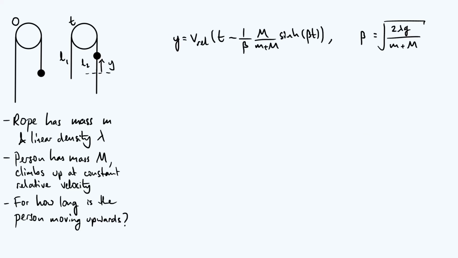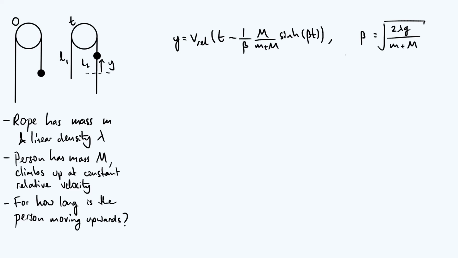Now we're almost but not quite done, because what the question was originally asking was for how long the person is actually moving upwards. I guess you can see at a glance from the functional form of y as a function of time that there will be some time after t equals 0 when y is 0 again, right? So that automatically tells you that y must have gone up and then come back to 0.